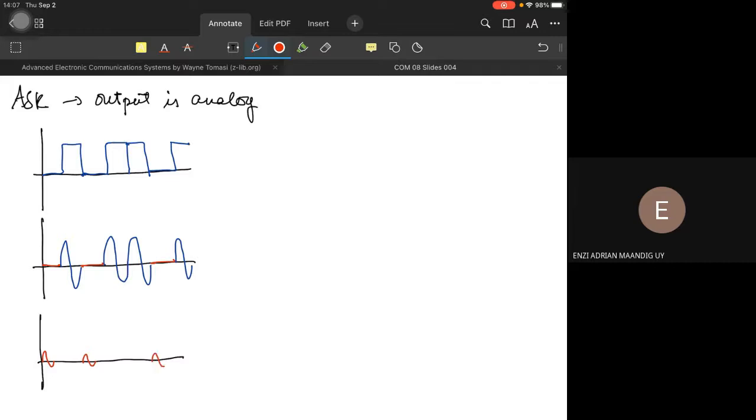Again, it's amplitude shift keying. So ang i-vary sa carrier is ang amplitude. So di man necessarily nga i-vary siya towards zero gyud. Pwede na siya i-vary at a lower voltage. So pwede lang na, no? So not necessarily zero ang not zero volts ang logic zero.